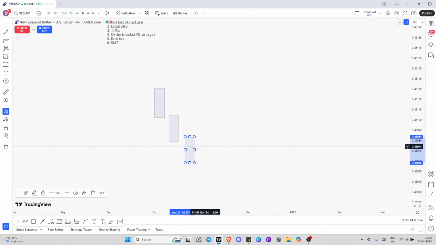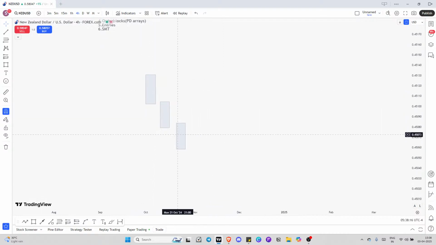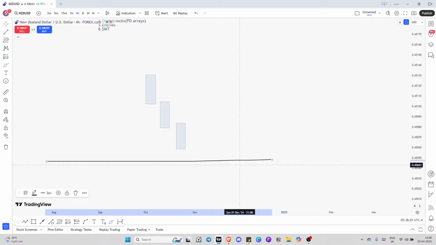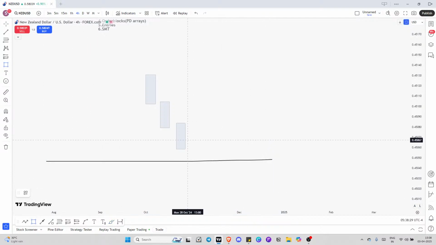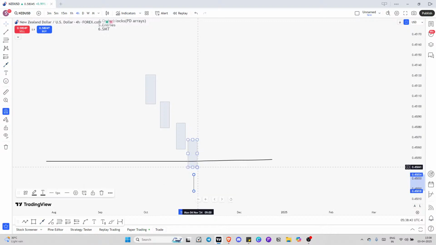For example, this is the market moving down, and then there is a key level right here. The market taps into it, price and time at 9.